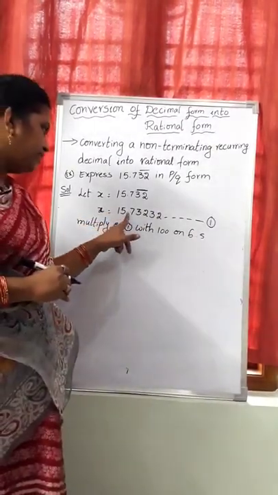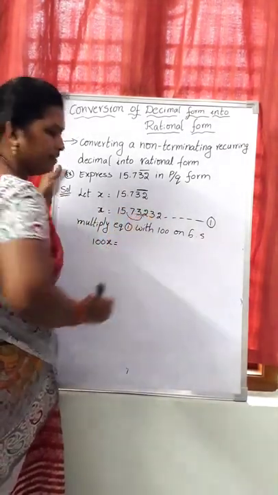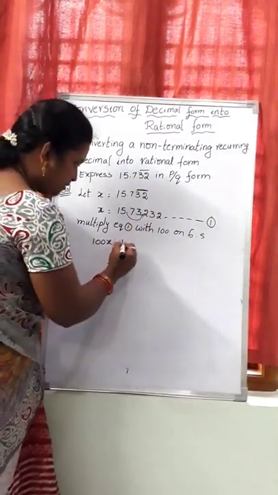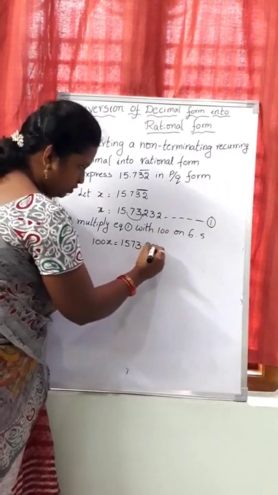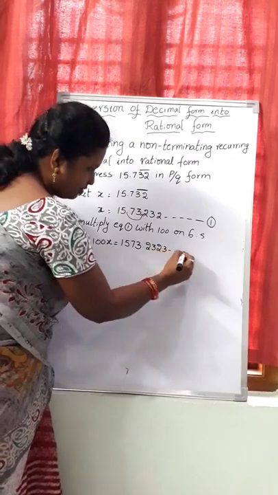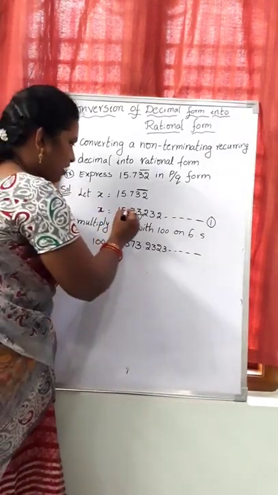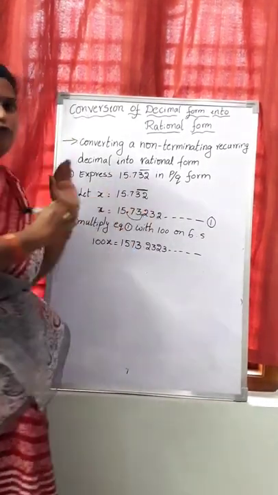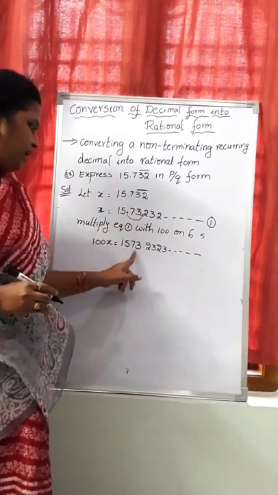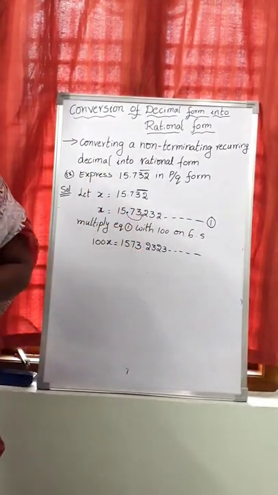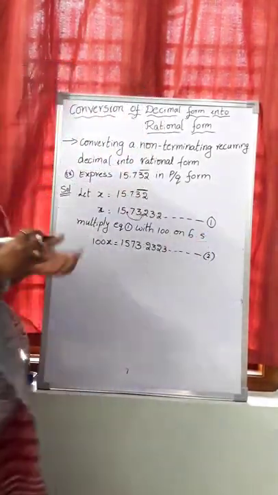When we multiply a decimal number with 100, the decimal point moves 2 places forward, so this number becomes 1573.2323 and so on. Understand this step? When we multiply any decimal number with 100, the decimal point moves forward 2 places. So the decimal point comes here: 1573.2323 and so on. Let us take this as the second equation.